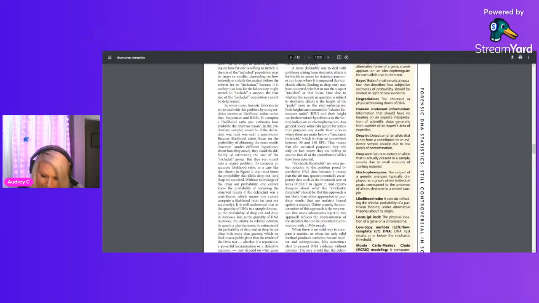Different labs, because it's not standard across all labs, may not even have a policy about stochastic effects. But a lot of times there should be a level where you say, okay, we're getting too close to the stochastic effects with the drop in and drop out.